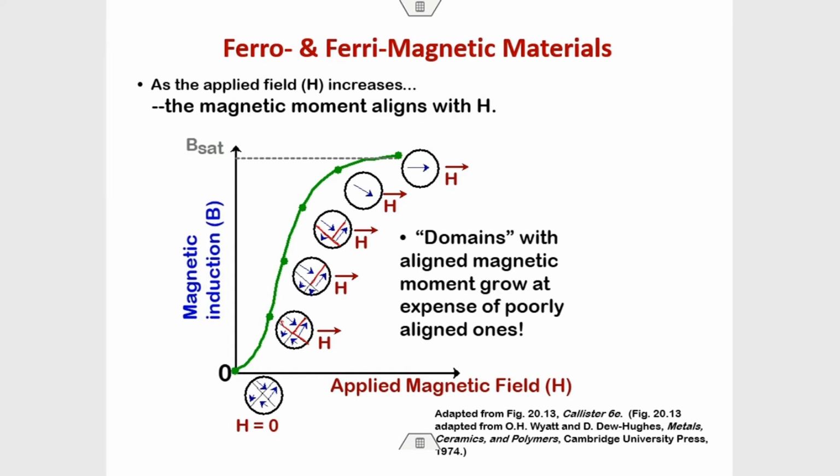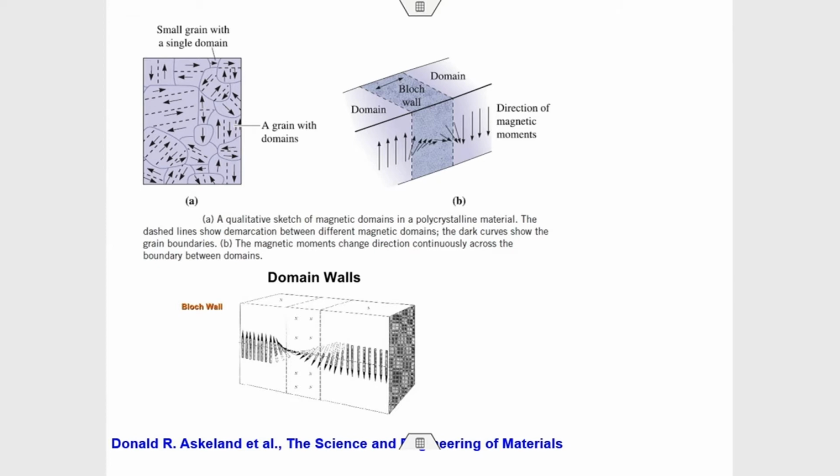Now, I do not know whether I have a picture. Yes, this is what is shown here. You can see in a big grain like that, there are alignments of the spins parallel in different directions, separated by these dotted lines. These are called domain walls, and these walls are called Bloch walls, because this was first described by a scientist called Bloch.